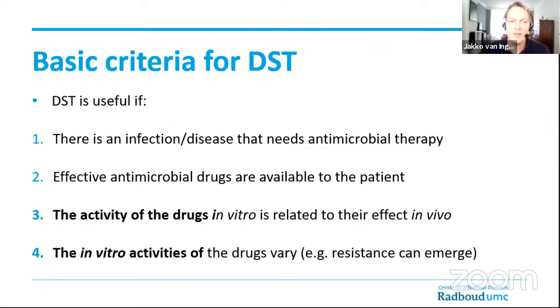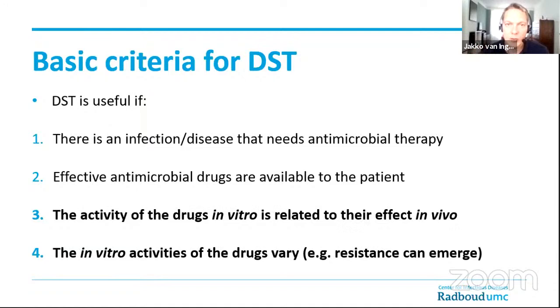So parts 3 and 4. You can only do good quality drug susceptibility testing if the activity of the drugs in vitro in the lab is somehow related to their effect in vivo, so treatment outcome. Now that's always difficult in mycobacterial disease with multi-drug treatments, but that is a basic criterion.